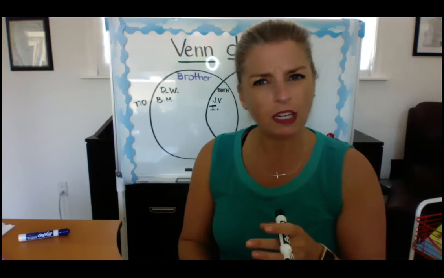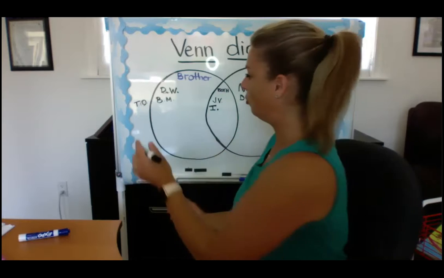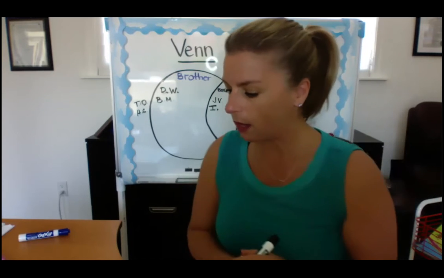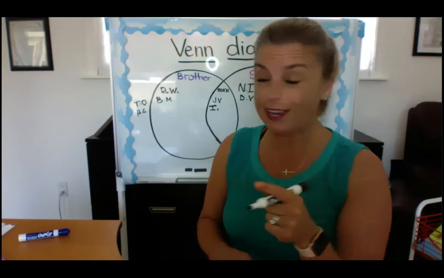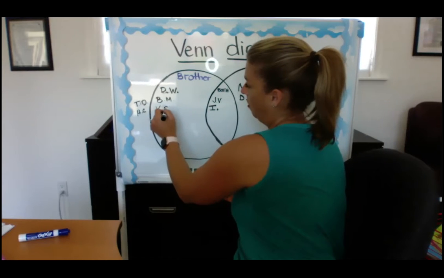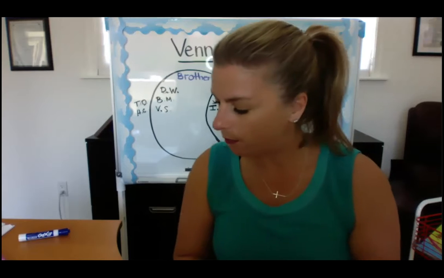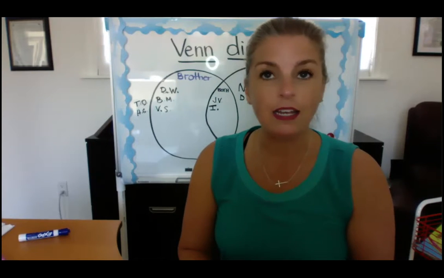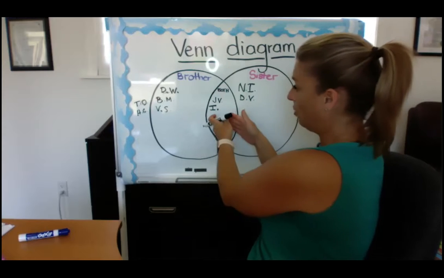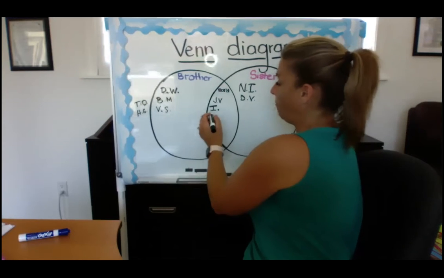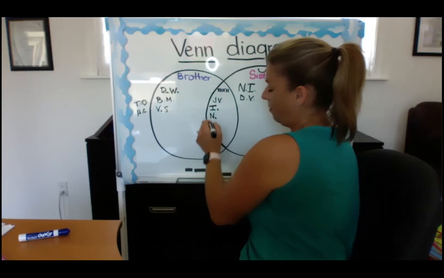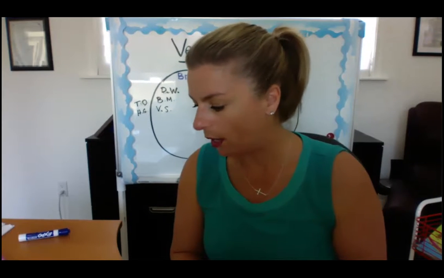Okay, next one, Hannah. I don't believe Hannah has a brother or sister. Victoria has a brother. Okay. Nathan has a brother and a sister, which means he would go into this overlapping part. Okay.